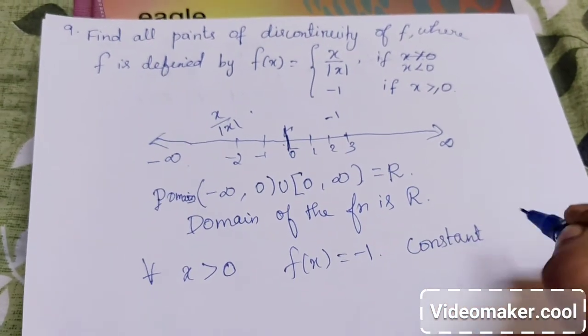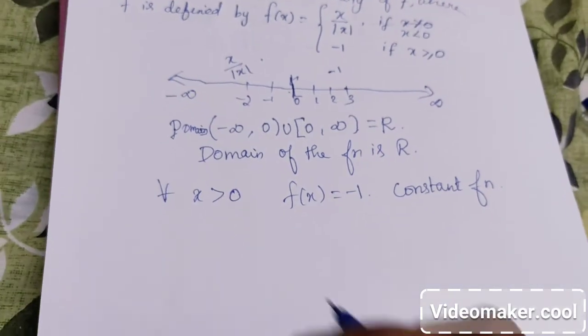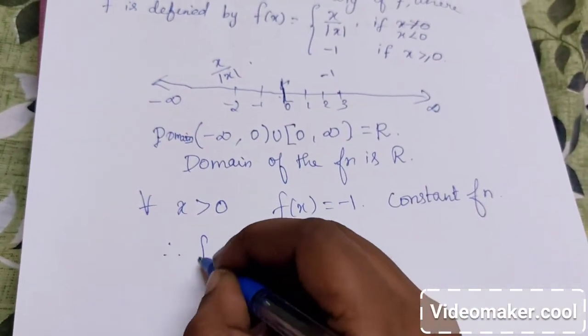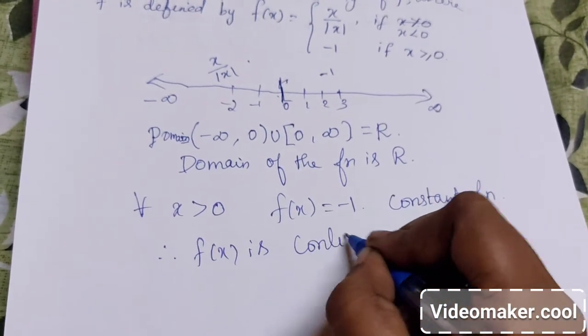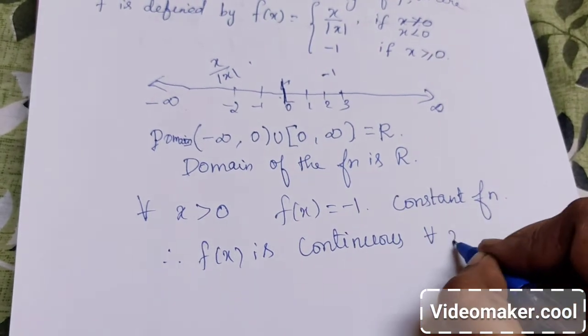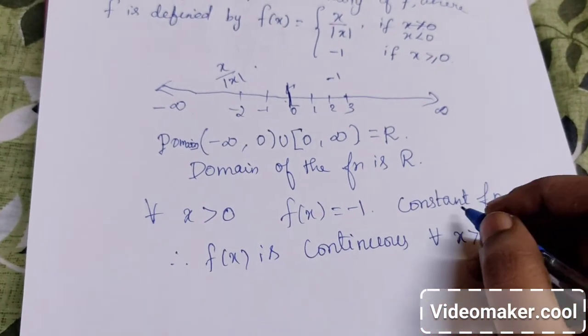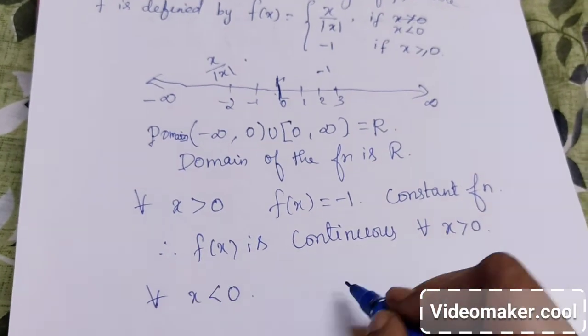A constant function is a continuous one. Therefore f of x is continuous for all x greater than 0, and for all x less than 0, what will happen?